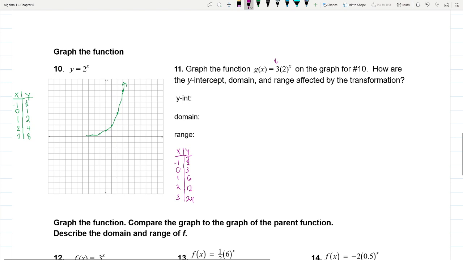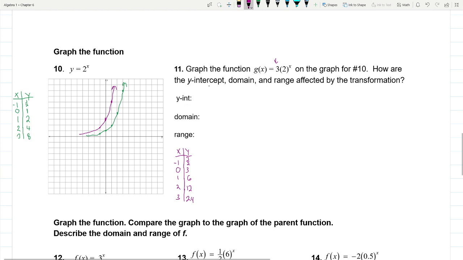All right, so if I graph this, 0, 3; 1, 6; 2, 12 goes off the graph; negative 1, 3 halves. And so this definitely increases faster. It's asking how the y-intercept, domain, and range are affected by this transformation.